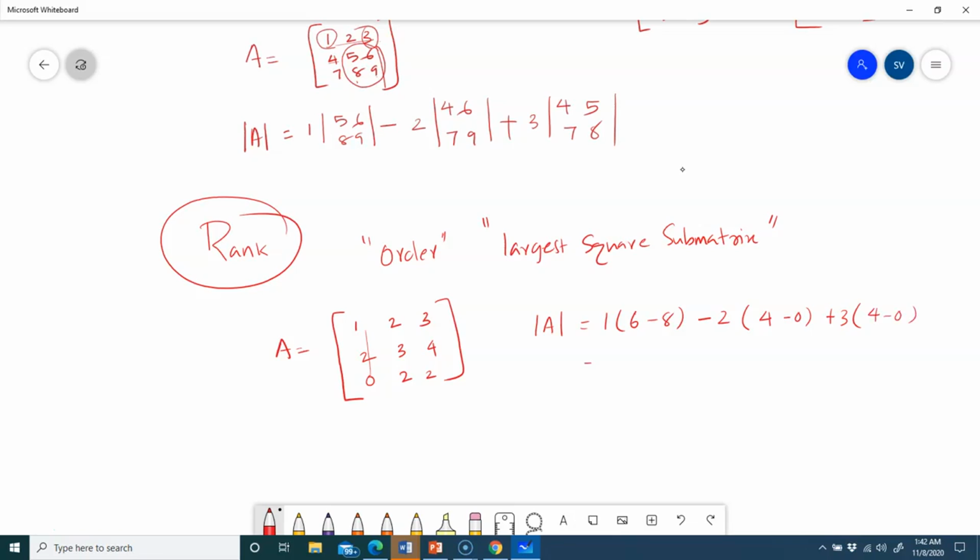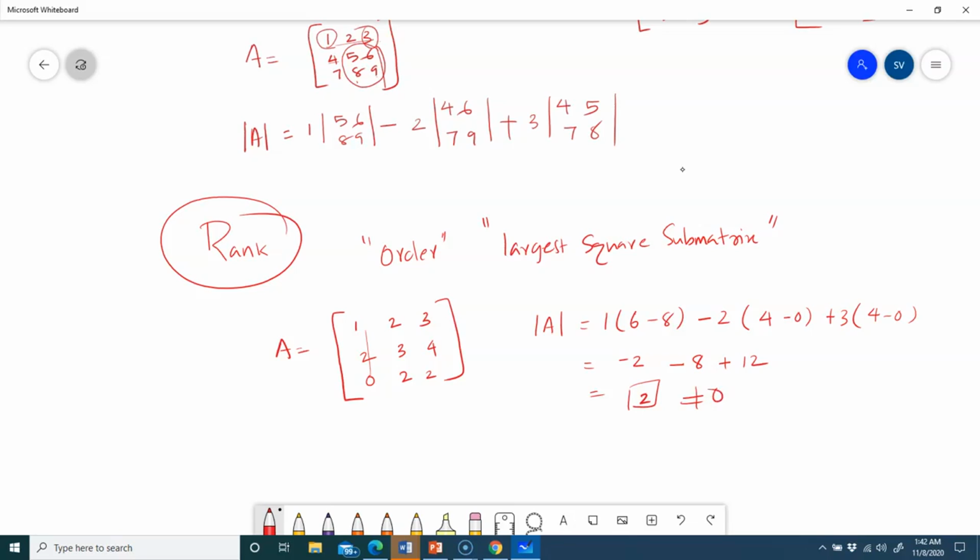So this is 1 times 6 minus 8, which is negative 2, minus 4 times 2 which is minus 8, and plus 12. So this answer is plus 2. So this is not equal to 0. So the matrix itself is a submatrix.